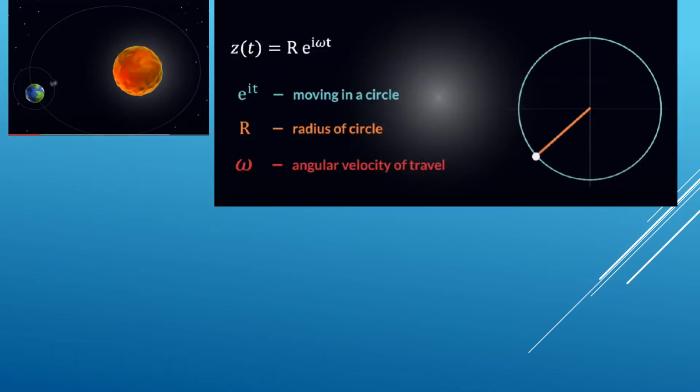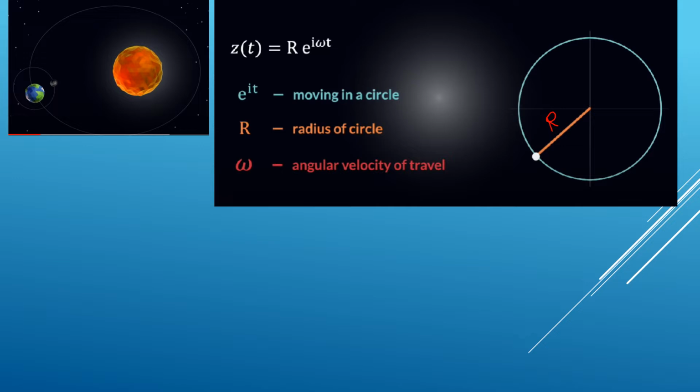So here you can see a circular path can be mathematically represented with the expression z equals r e to the power i omega t. The exponential term represents the circular moving path of that particle, and r is the amplitude, or we say the radius of the circle.